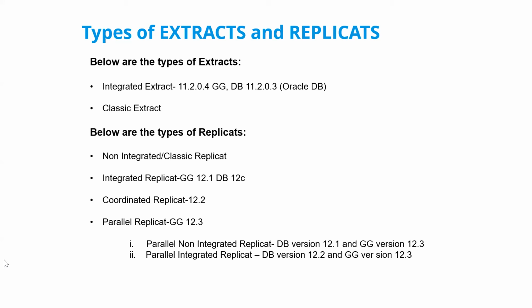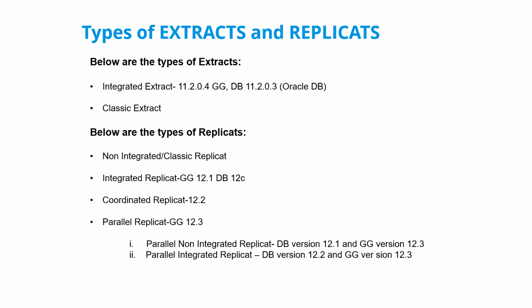Initially when GoldenGate was there, there was only one type of extract, that we used to call extract. Now with the introduction of the integrated one, they renamed the existing one to classic extract. Integrated extract support was introduced from GoldenGate version 11.2.04 and database version 11.2.08.